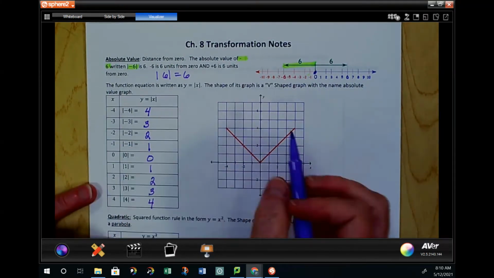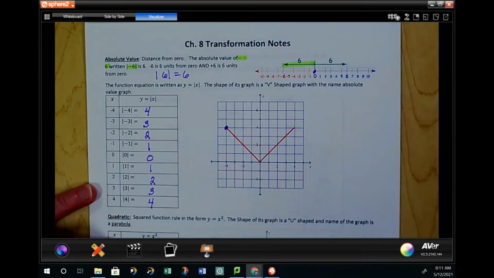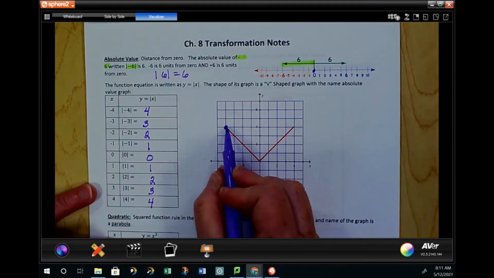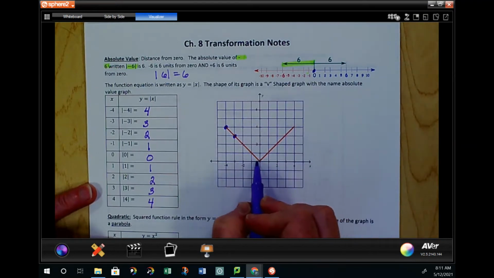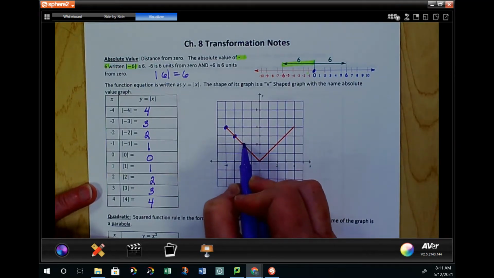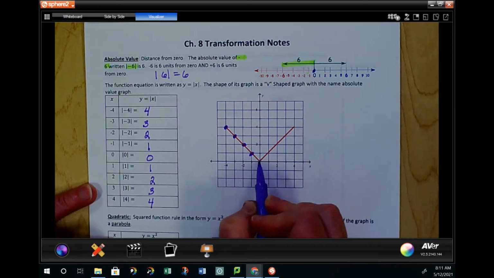So when I do this, I go to the left 4 for -4, up 4. I go -3, up 3. To the left 2, because that's -2, and then up 2, to the left 1, up 1, and then I'm at 0.